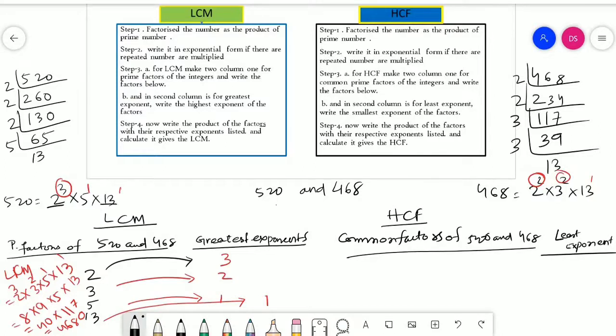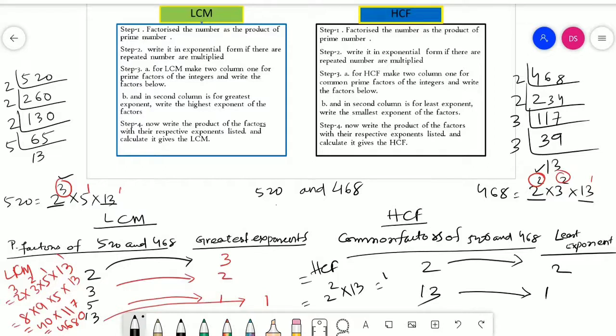This one, this one, this one, this one. Okay. Now write down the least exponent. So this one is the least among these two, 3 and 2. So HCF will be this, your answer.